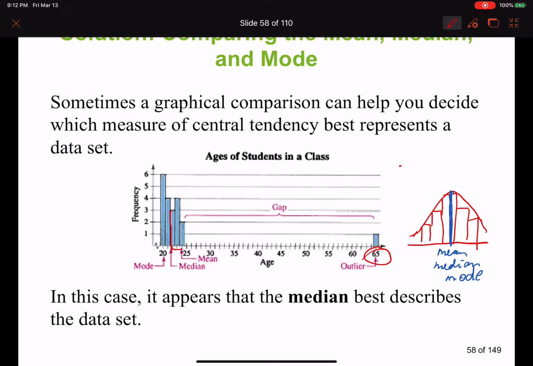And mode is showing not the true average, because mode is also skewed by the highest frequency of 20 years old age students. Therefore, when you look, median is the one that best describes the average of the data set.